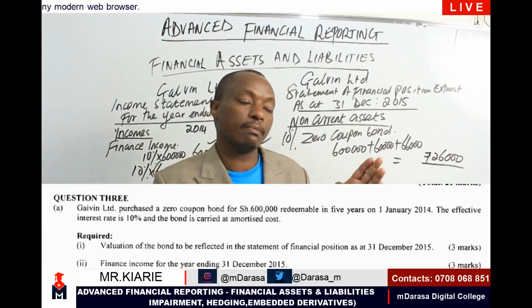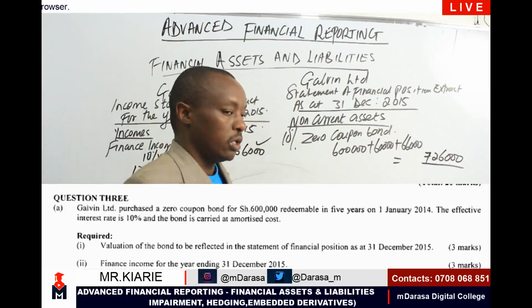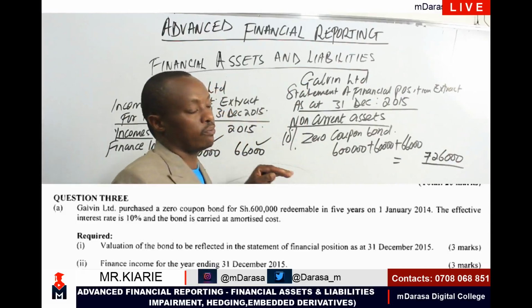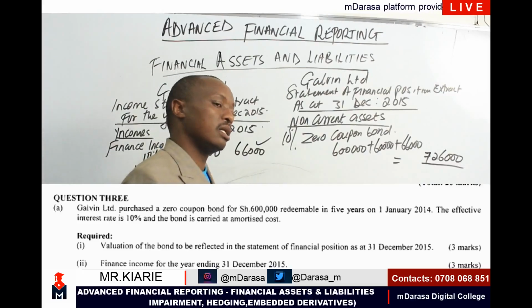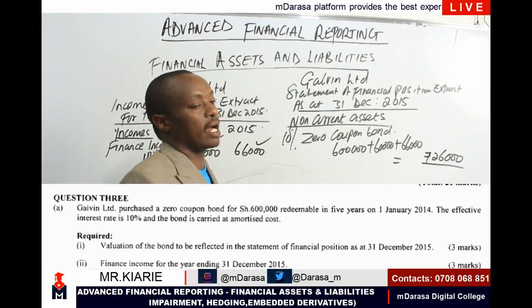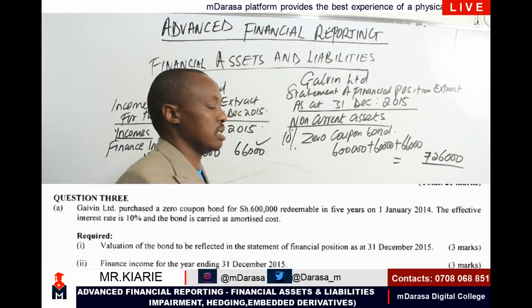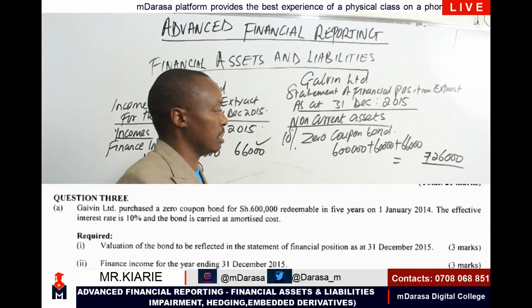So in summary, as far as the topic is concerned, you need to know the introduction part of it: what financial assets and financial liabilities are and how they arise. Then you know their categories or classification, the types of financial assets and liabilities.